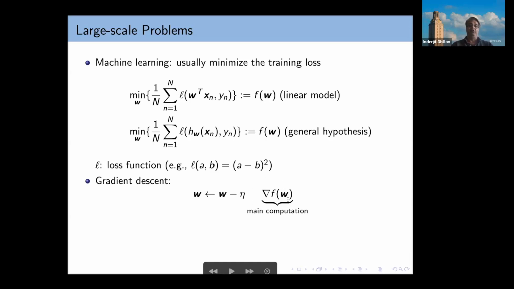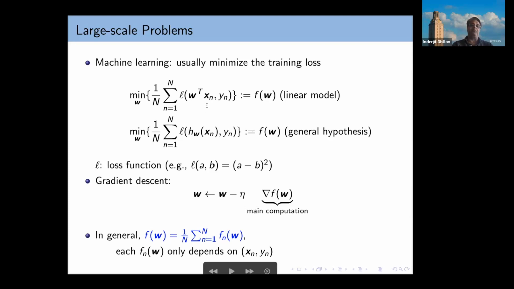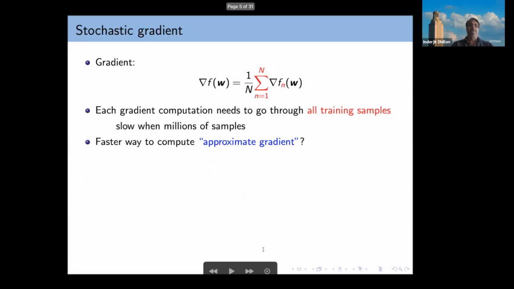And if you look at it over here, since f of w depends only on the training data, you can write it as 1 by n times the sum of fn of w, where fn corresponds to this particular loss. But the thing to note is that each of the fn's depends only on the corresponding training data, xn, yn.